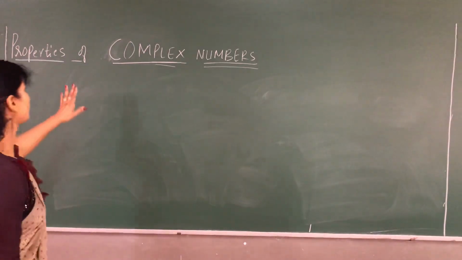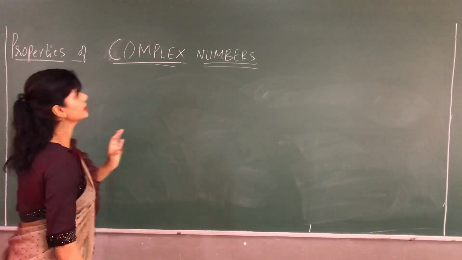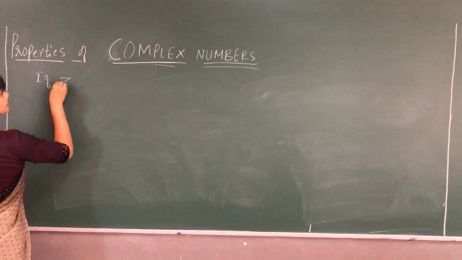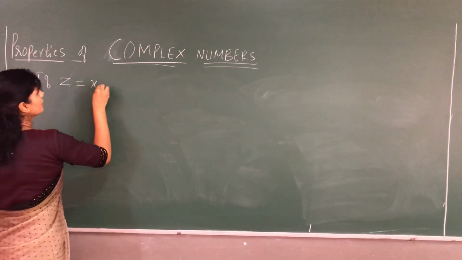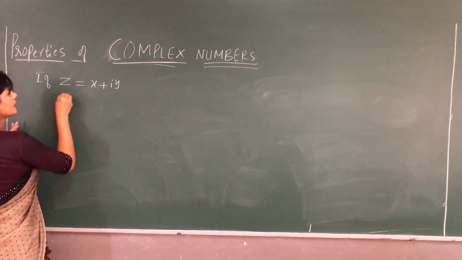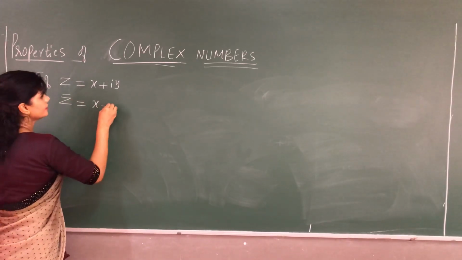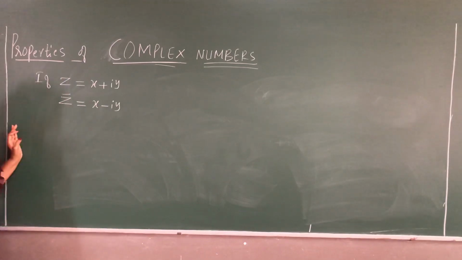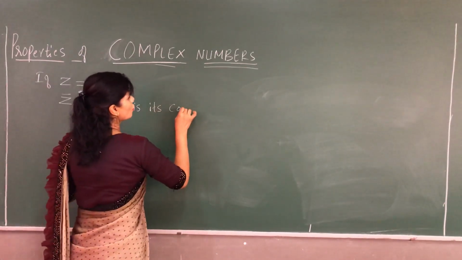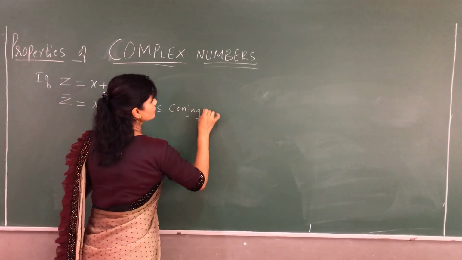What are the properties of the complex number? Okay, students. So if z is the complex number x plus iy, and z bar is its conjugate.